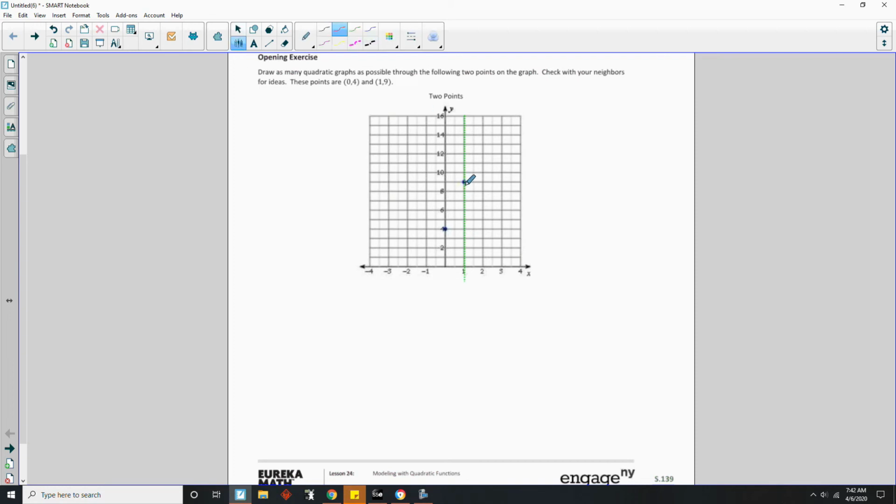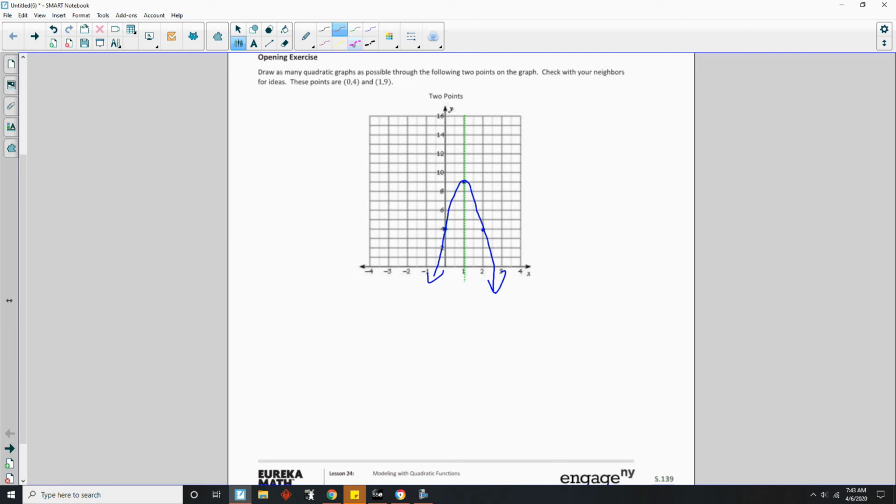Let's assume this point is our vertex and it's opening down. And for that matter, I have to be the same distance because it's symmetric, so I go over 2, and there would be a point here. So therefore my parabola would look like this. Okay, so there's one parabola.